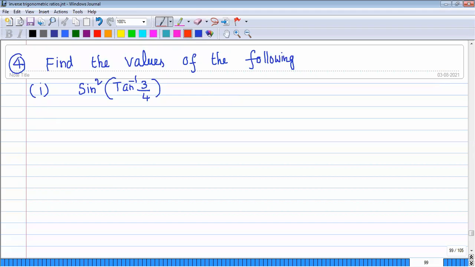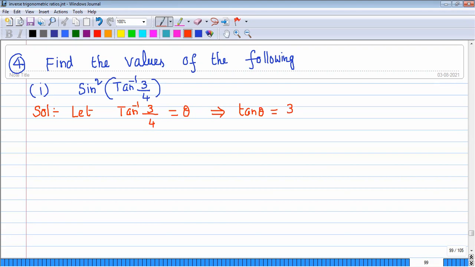Check your answer. 9 by 25, sir. Okay. Let tan inverse 3 by 4 equal theta. So what is the value of tan theta? 3 by 4.